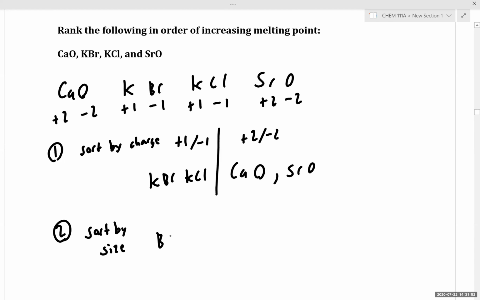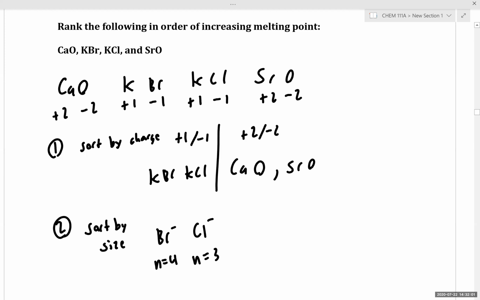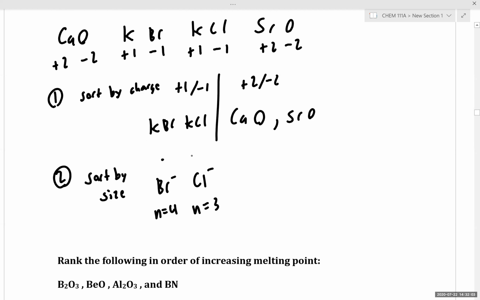So if we compare bromide, which is n equals 4, to chloride, which is n equals 3, which species is larger, bromide or chloride? Which ion is larger and as a result will have a lower lattice enthalpy?